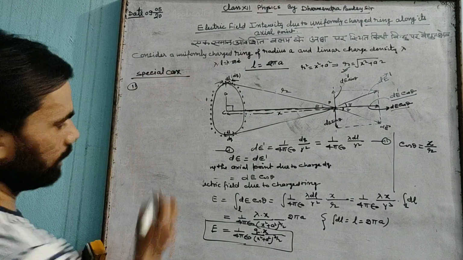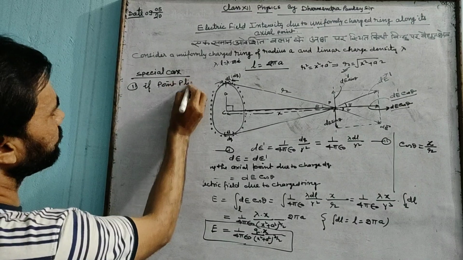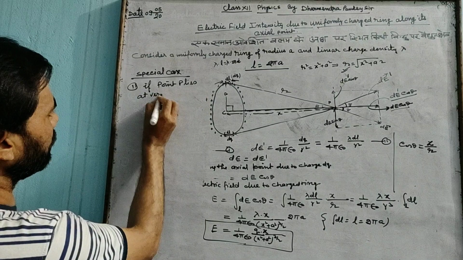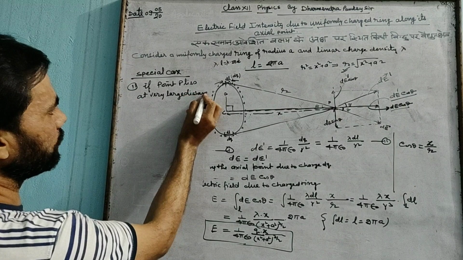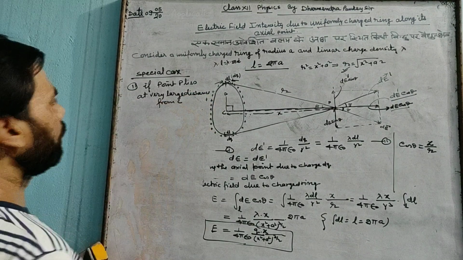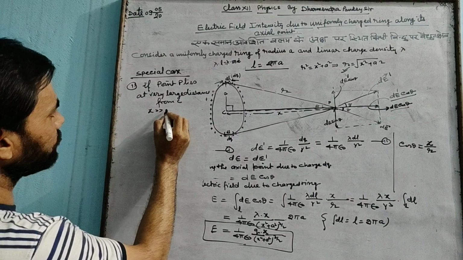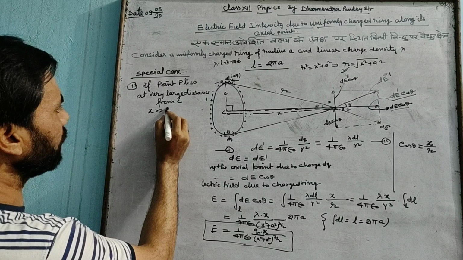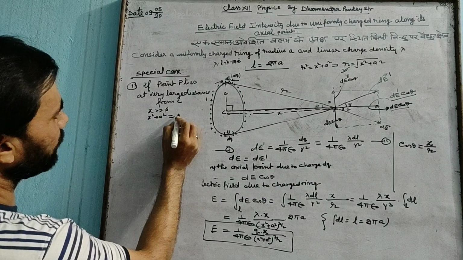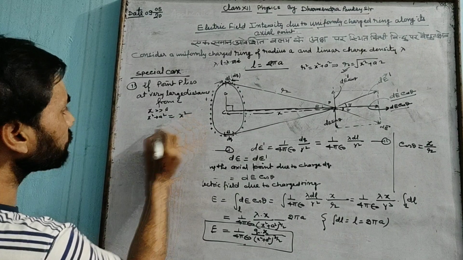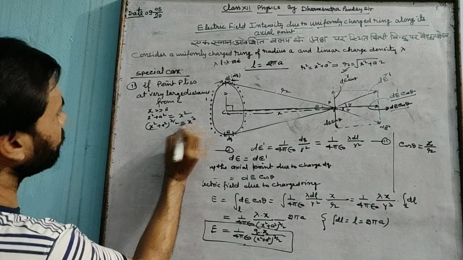First, if point P lies at a very large distance from C, then it means x is very large in comparison to a. x square plus a square to the power 3 by 2 can be written as equal to x cube.